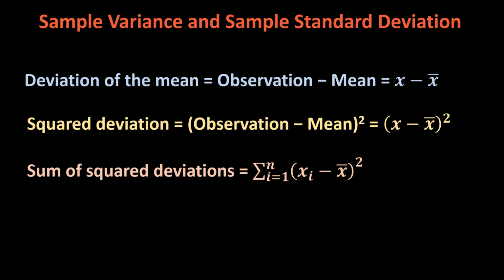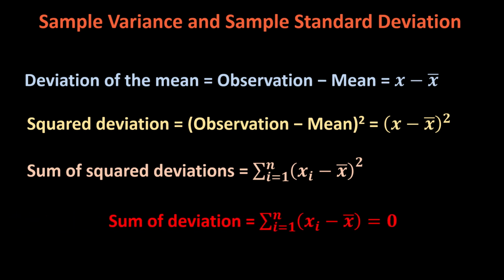So this is very important. Why? The sum of deviation is always 0. It is not the second power. They just sum the deviation, not the sum of square deviation, right? The sum of the deviation is always 0 for any data set.